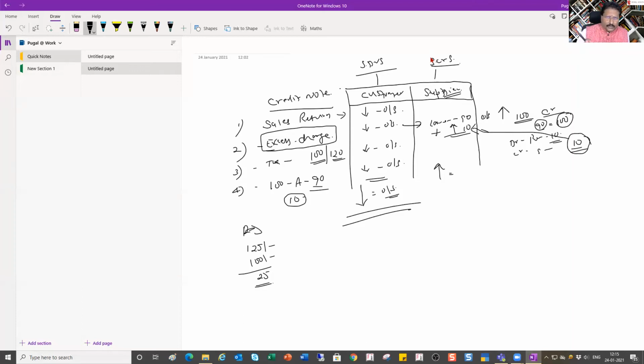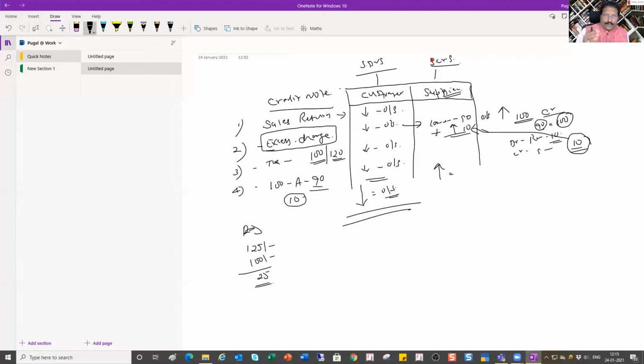I hope you have broadly understood the concept, but I will quickly cover in the next session the different situations under which a debit note is raised. A debit note can be raised for your customer also, and for your supplier also.